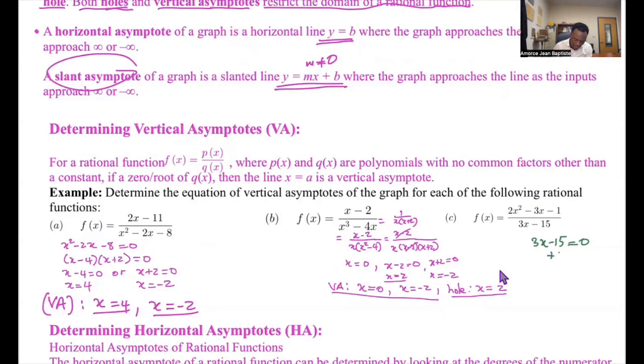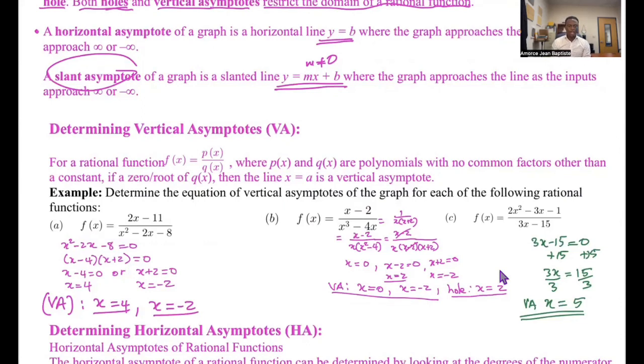Add 15 on both sides. 3x equals 15. Divide by 3. You get x equals 5 is your vertical asymptote, because the top factor would not simplify. Let's see if it would simplify. If we factor, no way. No, it would not simplify.